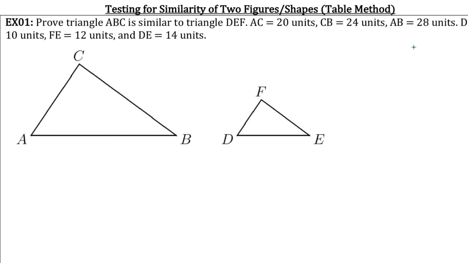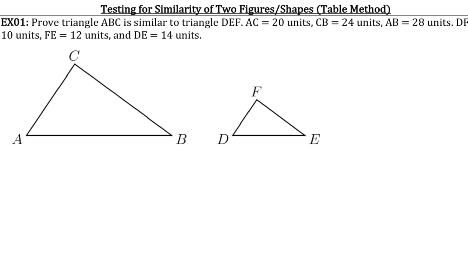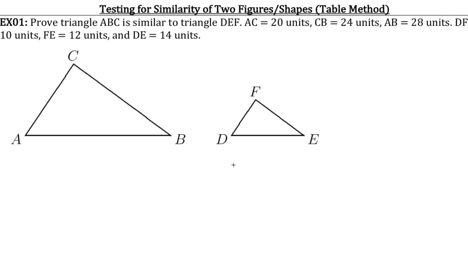So I'm going to show you 3 different ways of testing for similarity. I'm going to have to scoot this a tiny bit. Okay, so prove triangle ABC is similar to triangle DEF. AC is 20 units.